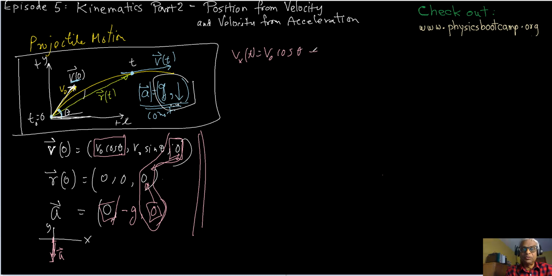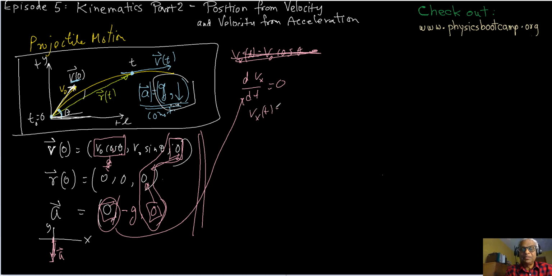Let's make sure that dvx dt is 0 because of this. That means vx of t is vx at 0 plus the integral of 0, and that just makes it v0 cosine theta. Theta is the original angle, so theta is constant, nothing is changing, right?